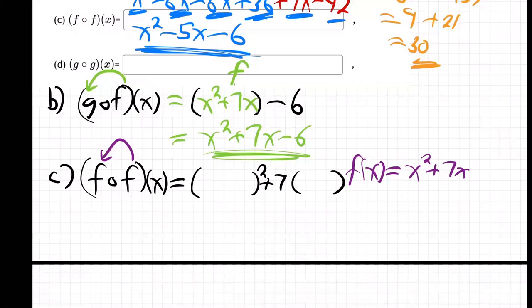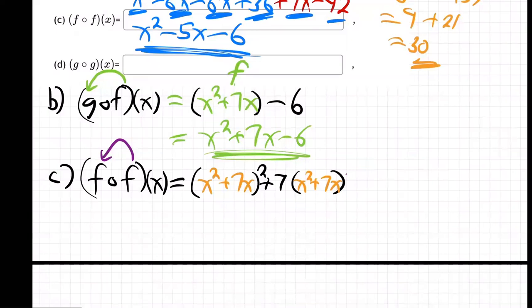And what is that something? x squared plus 7x. You see what I did there? I plugged all of f into itself.